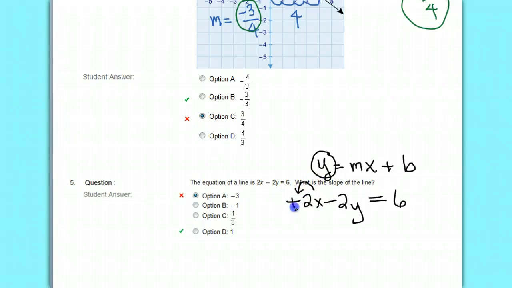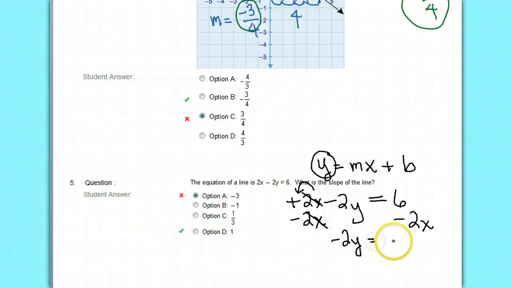Since there's nothing there, it's a positive 2x. So to get rid of it, I'm going to subtract it. So I'm going to put minus 2x on the right side as well. So that cancels. I get -2y equals, and I'm going to put the x term first. So I'd have -2x plus 6 because, again, if you look to the left, that's a +6, and so we keep it positive.